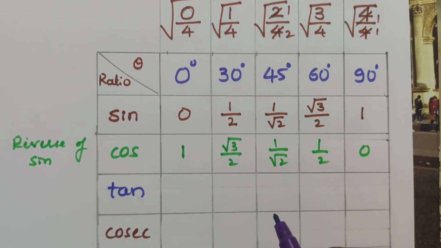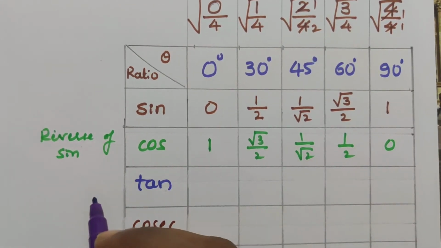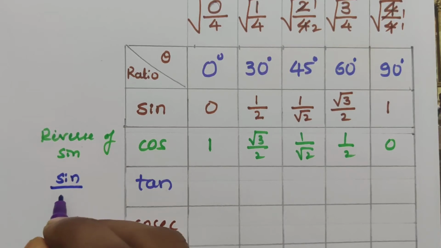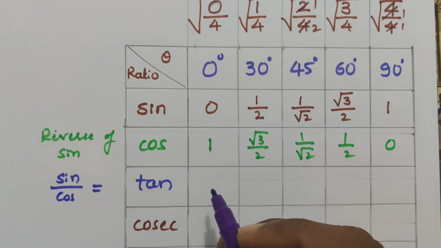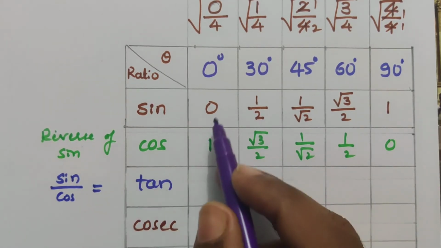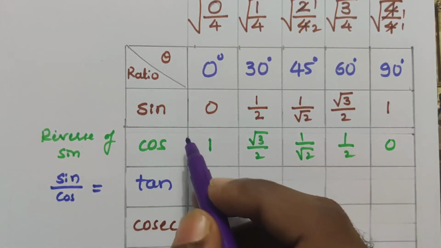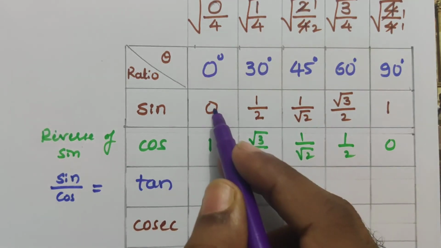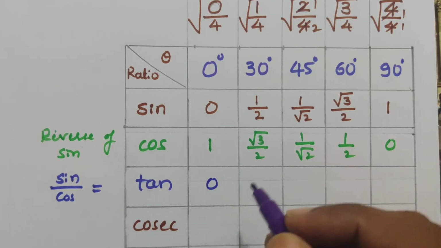Then next we have to prepare tan values. Tan values, if you want to prepare, I'll just write a hint here. You have studied this formula, sine by cos is equal to tan, in the quotient relations at the beginning. So if you divide sine value by cos value, you will get the tan value. That means tan 0 equals sin 0 by cos 0. 0 by 1 is 0.